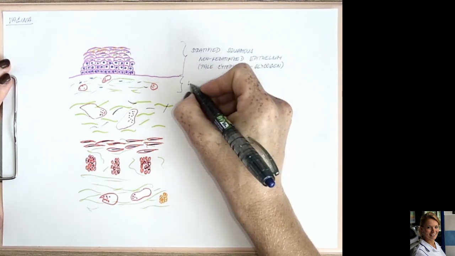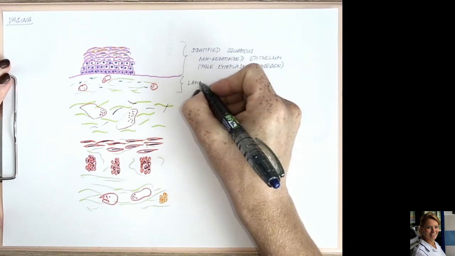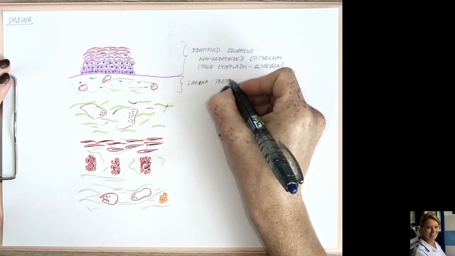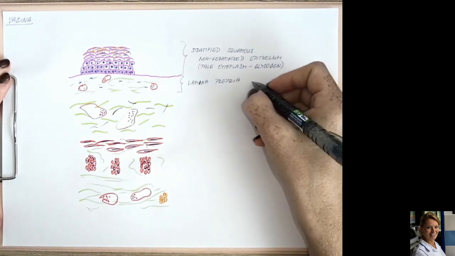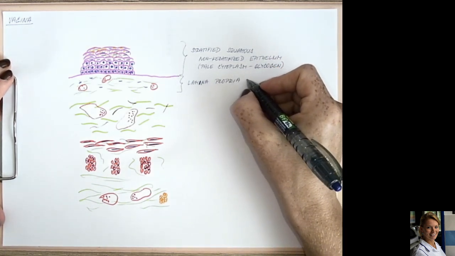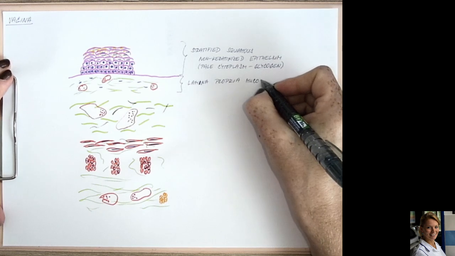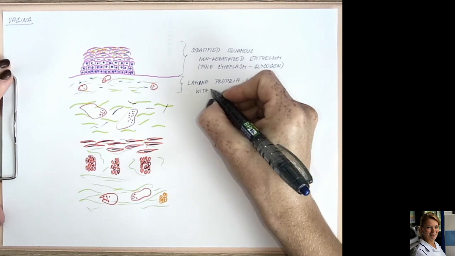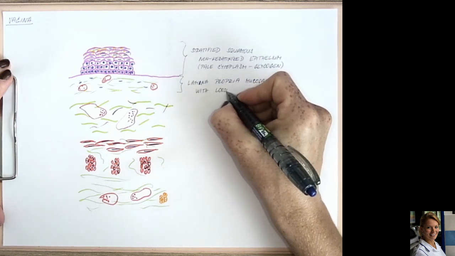The next layer is lamina propria, mucosa with loose connective tissue.